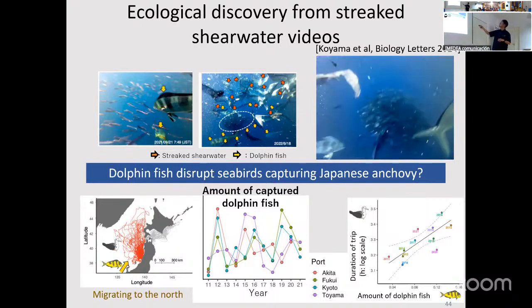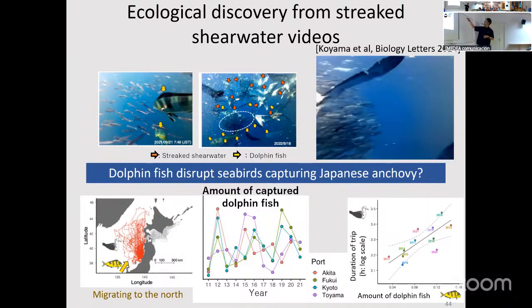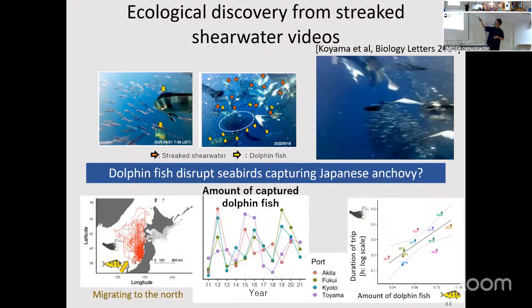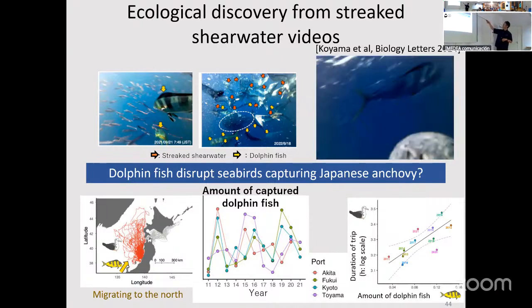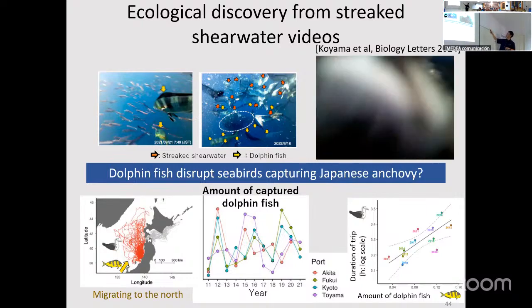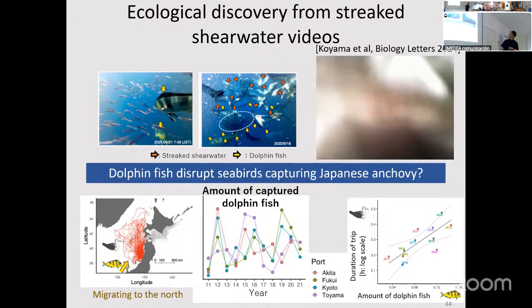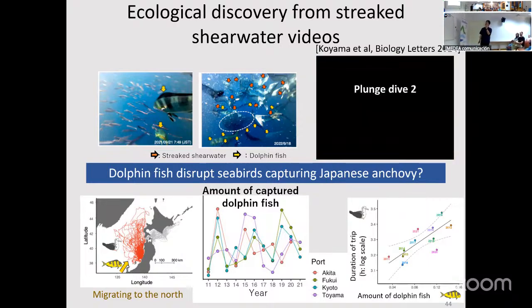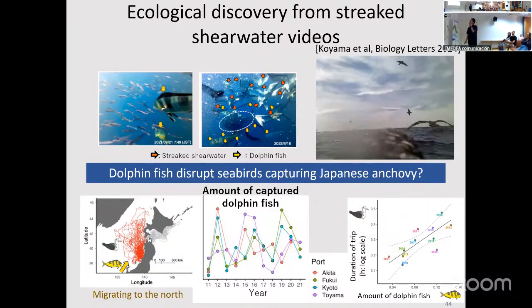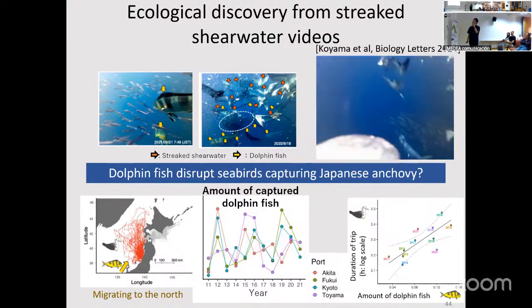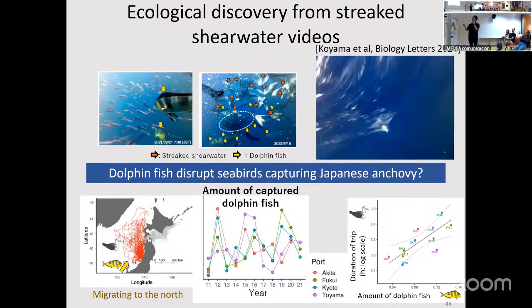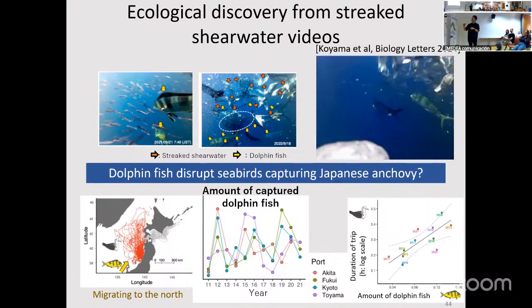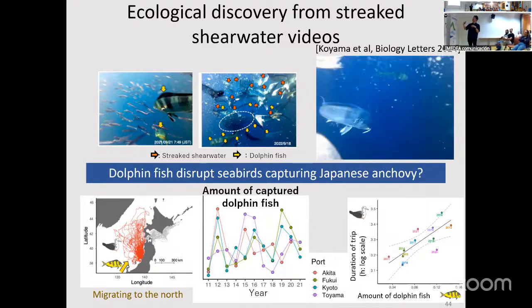And so you can identify many dolphin fish and also the prey, Japanese anchovy. Maybe watch this video. We considered that dolphin fish disrupt seabirds capturing Japanese anchovy.